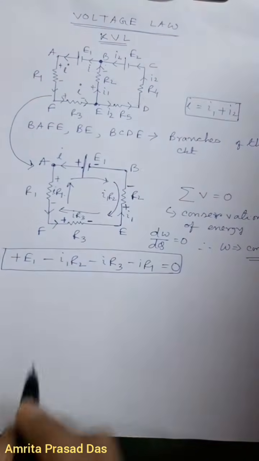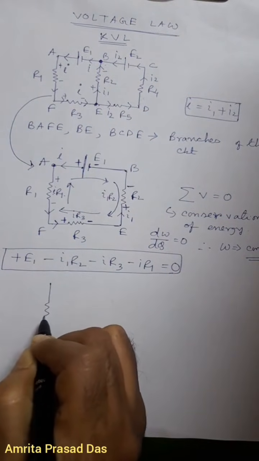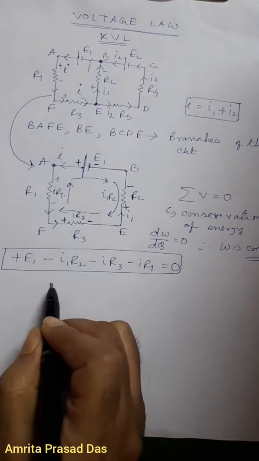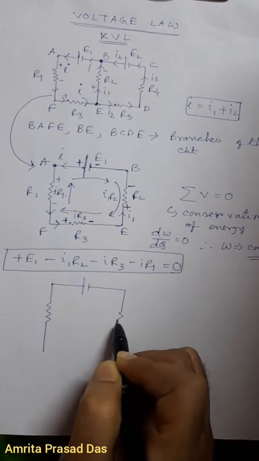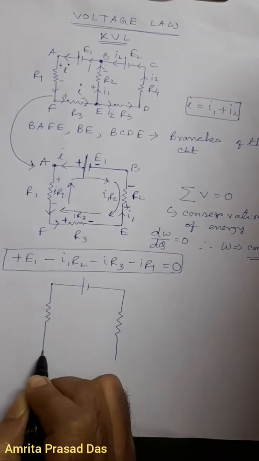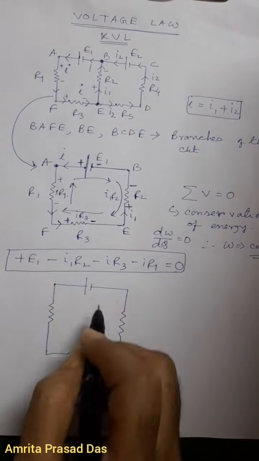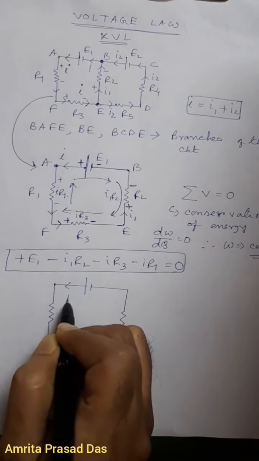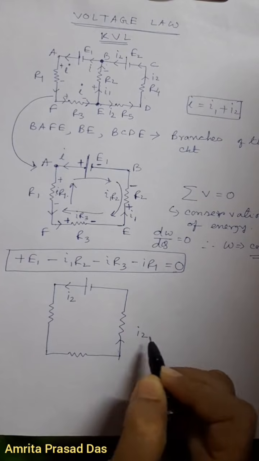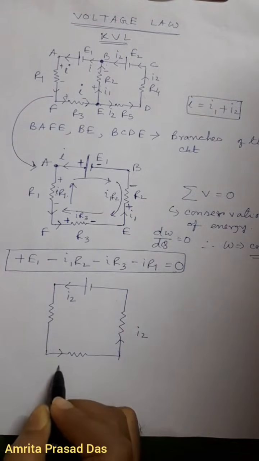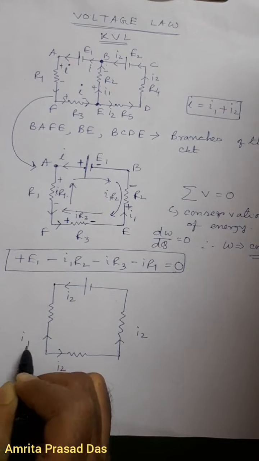Now consider the other loop. According to your current division, I2 is flowing in this direction, I1 is flowing in this direction.